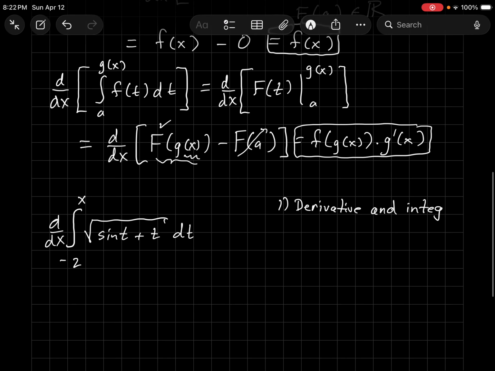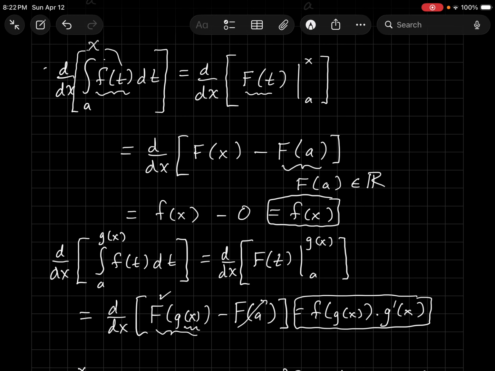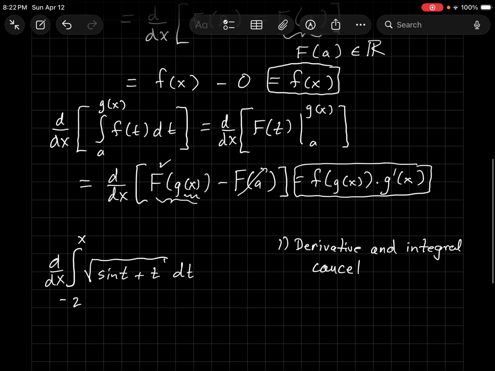Second thing, we can plug in the upper limit for the t in f of t, or down here, we plugged in the upper limit, in this case g of x, for every t in f of t. So plug in the upper limit.